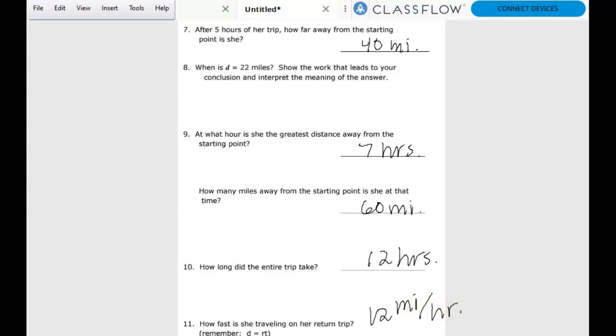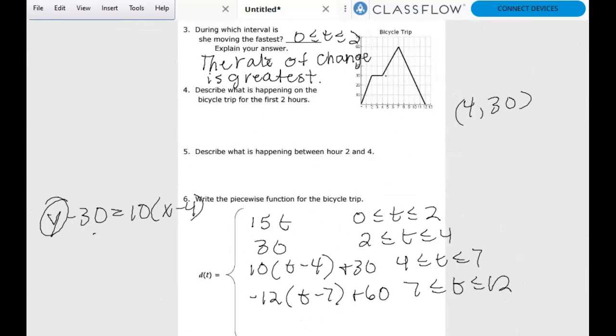Okay, so let's go back to number 8 real quick, and then I'll be done. Number 8 is asking when D equals 22. When is D equal to 22? If I look at the picture, first of all, how many times is D equal to 22? Twice. The first time it's equal to 22 is in this section right here. Does that make sense?